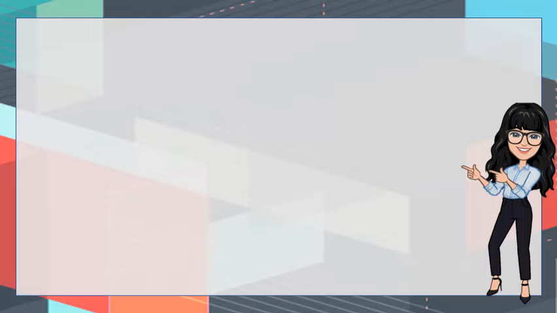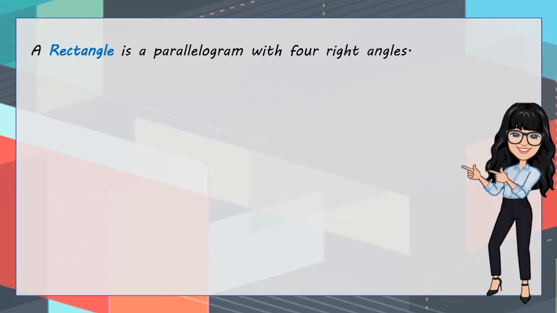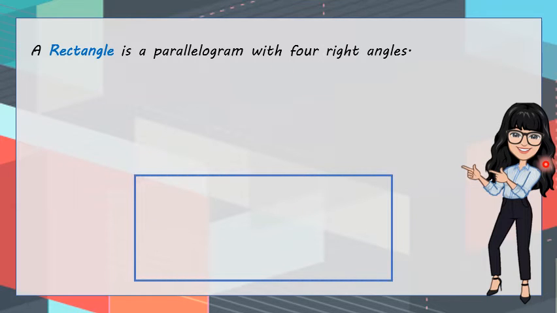Now let us have our first parallelogram. A rectangle is a parallelogram with four right angles. You have already learned the different properties of a parallelogram. If a parallelogram has four right angles, we can call that parallelogram a rectangle. This is your rectangle, and it has four right angles because we all know that a parallelogram has four interior angles.